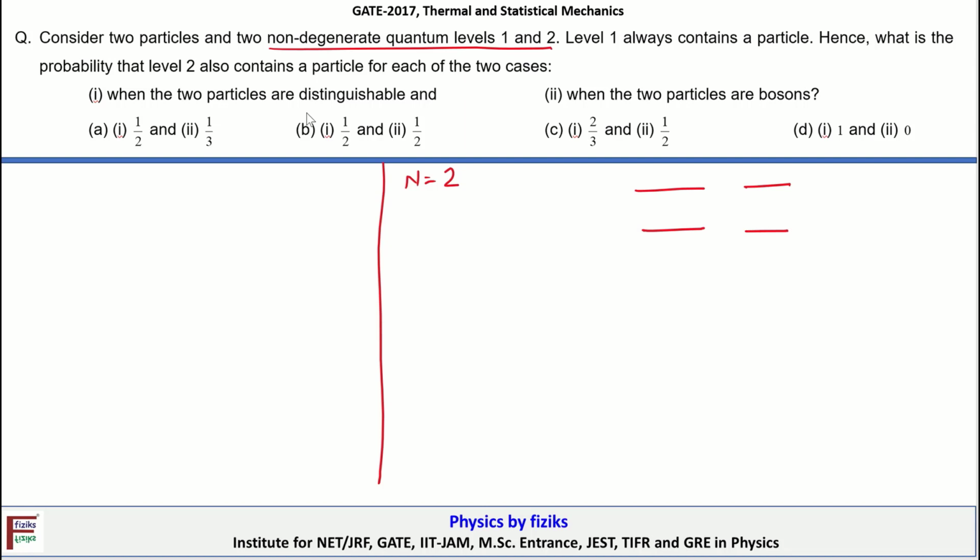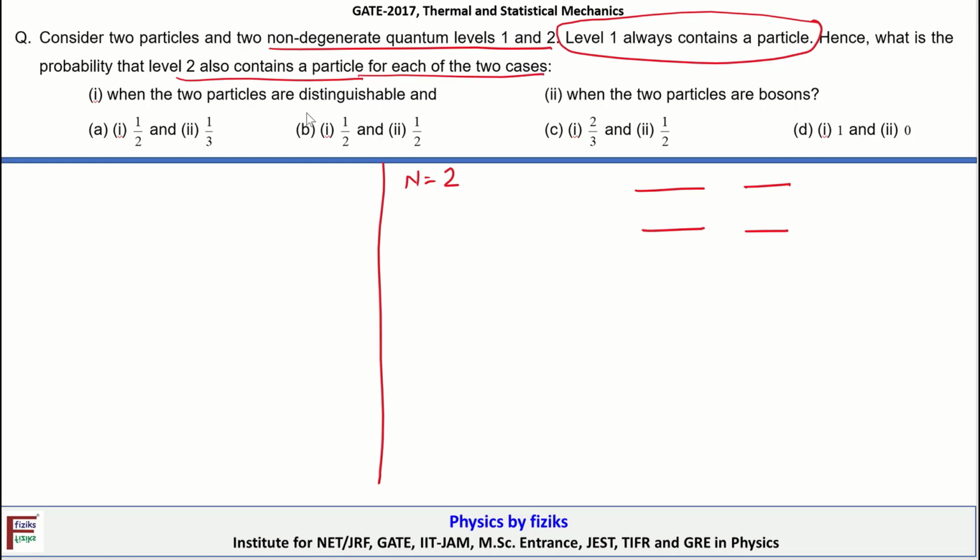Level 1 always contains a particle, so it's given that level 1 will always have at least one particle. It could have two also. Hence, what is the probability that level 2 also contains a particle for each of the two cases?